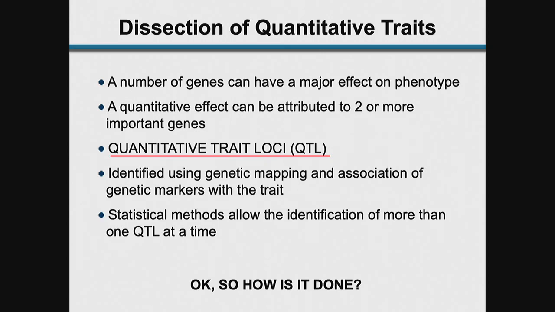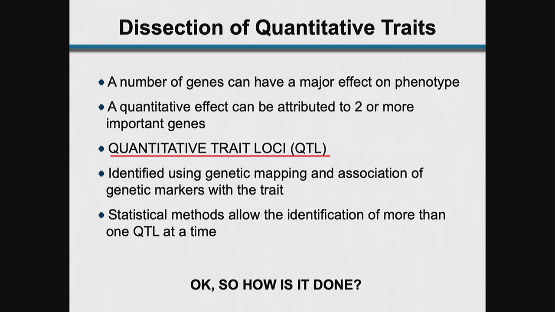Okay, so as I said, the genes that control variation in quantitative traits are known as quantitative trait loci. These QTLs generally have allelic variants that usually make small quantitative contributions to the phenotype. A quantitative effect is something that can be attributed to two or more important genes, could be anywhere from just a few to hundreds, okay?